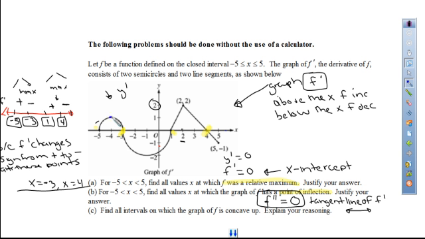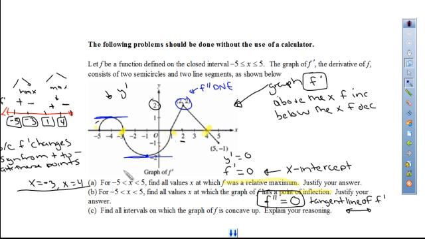Notice that at negative 4, I have a horizontal tangent. I also have a horizontal tangent at negative 1. And at 2, this is where the second derivative does not exist because I have a corner. Remember, I'm looking at the first derivative.